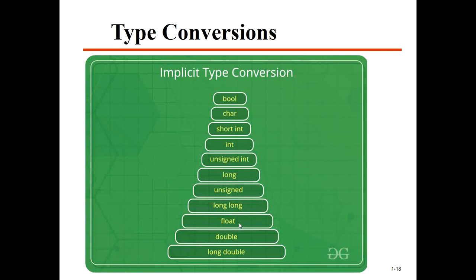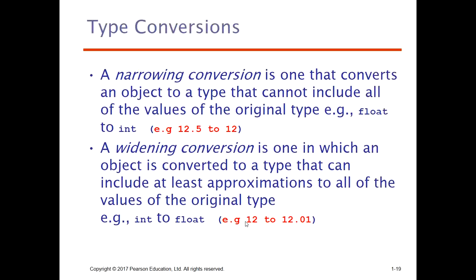The last three are floating points: long double, double, and float are three different floating point data types. So converting means changing a value from one data type to another for the sake of calculation in some statements in some programming languages.